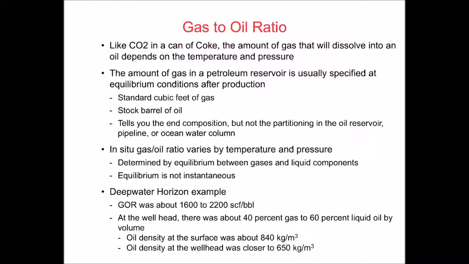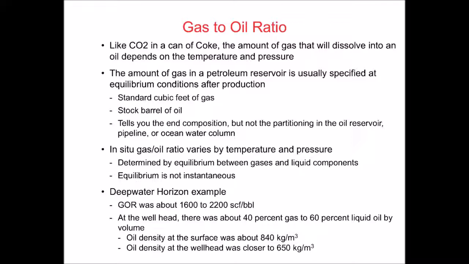So the gas-to-oil ratio tries to tell us the amount of gas in the reservoir compared to the amount of oil, and usually this is specified once the oil comes up to a production facility and has fully equilibrated with the atmosphere. So we would then state the gas-to-oil ratio as the standard cubic feet of gas that would come out of a given unit of oil, and the number of stock barrels of oil you would get at the same time.